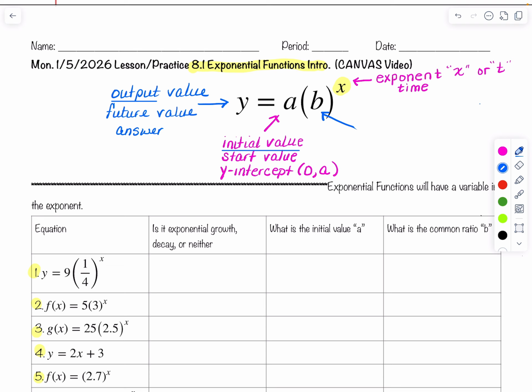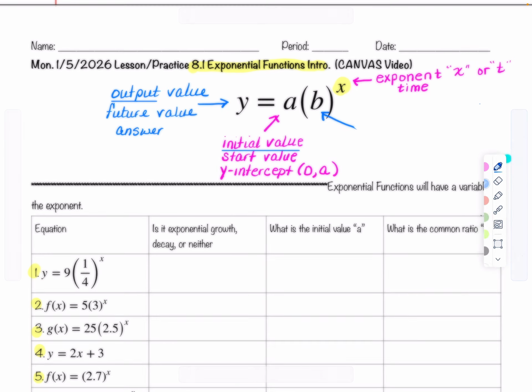But again, they could use any of these, okay? Then the last one is b. But b is very important because b can tell us whether our function is going to be an exponential growth or an exponential decay.